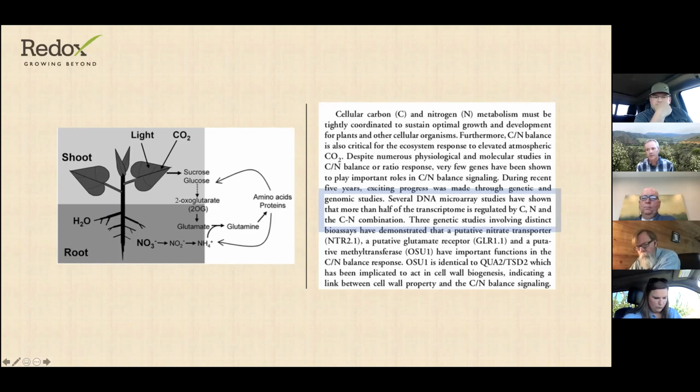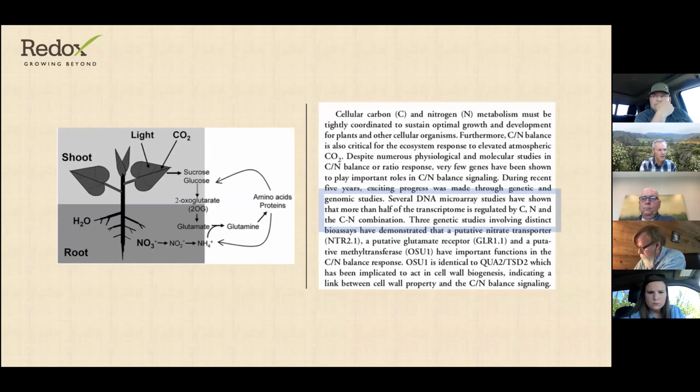This is from a review article that's titled Carbon and Nitrogen Nutrient Balance Signaling in Plants. And you know, if you're a plant nerd like me, you'll enjoy reading this. I think it's really fascinating. I just want to point out a couple of items here that are of interest for understanding the concept.